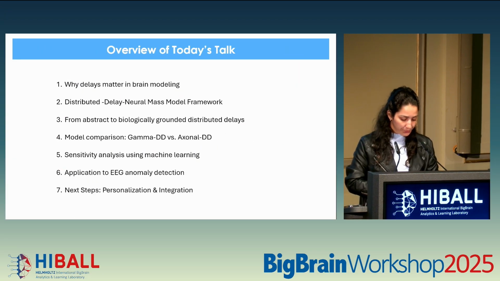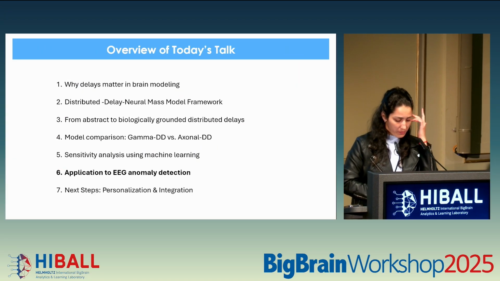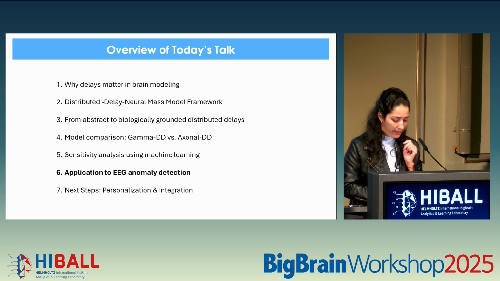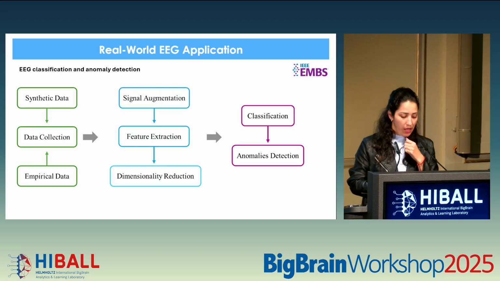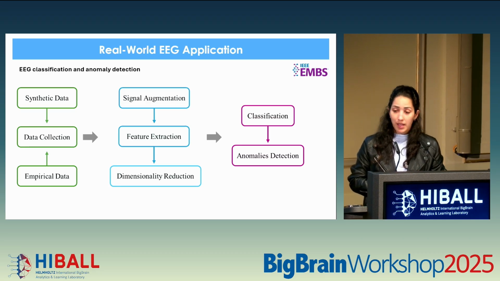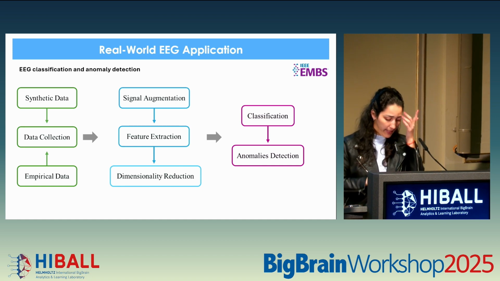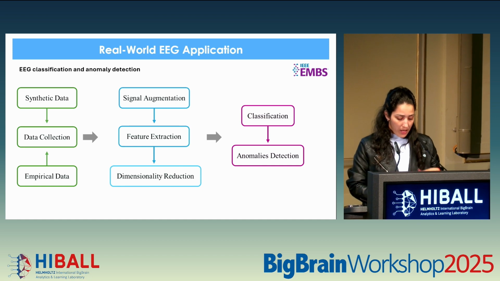So I'm going to show some quick applications of our model. We use our model to test this pipeline, which is a very simple pipeline for classification and anomaly detection on EEG simulations.